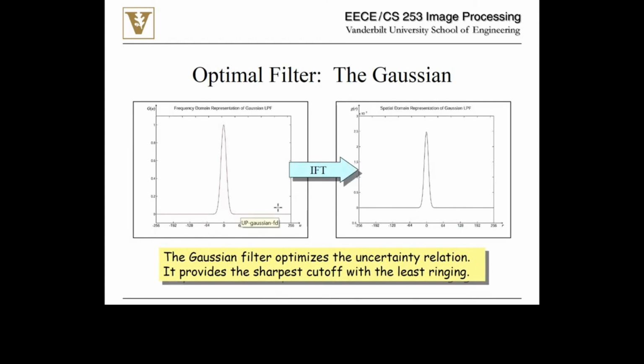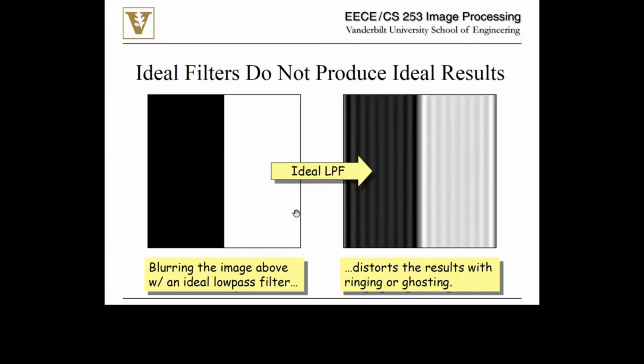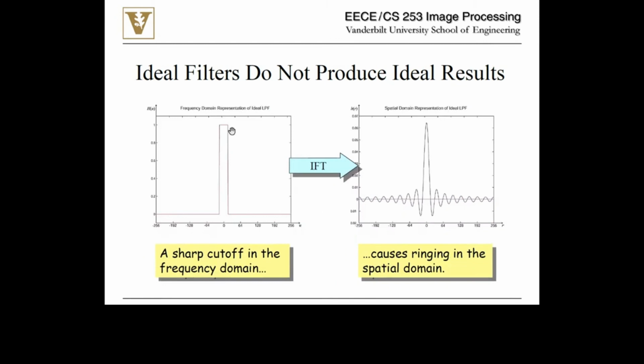So you look for some other filter. The problem of the ripples is caused by this very sharp transition in Fourier space. I have a very sharp transition in Fourier space, and that causes ripples in real space.